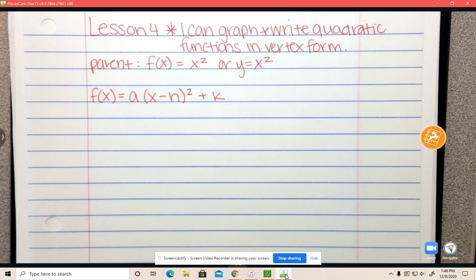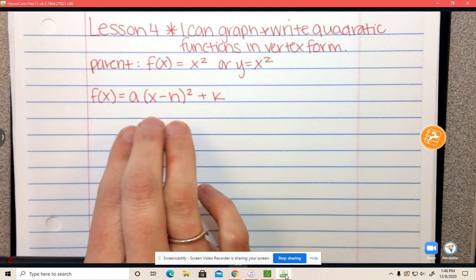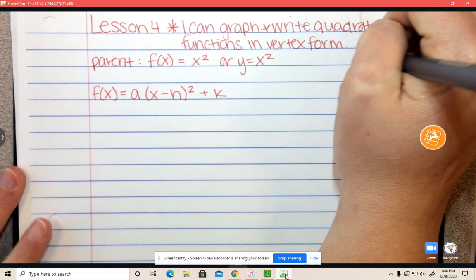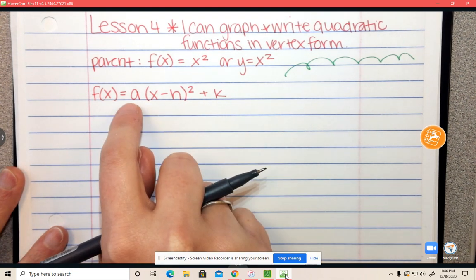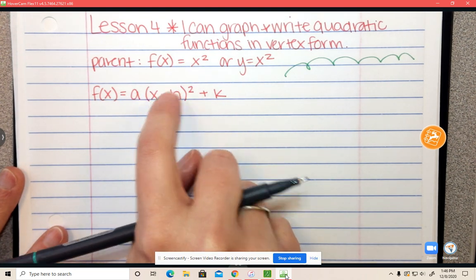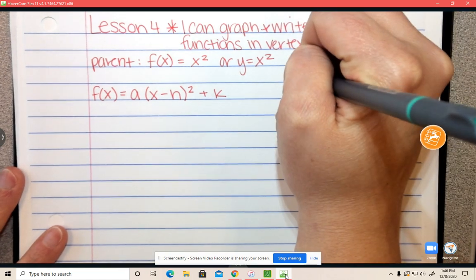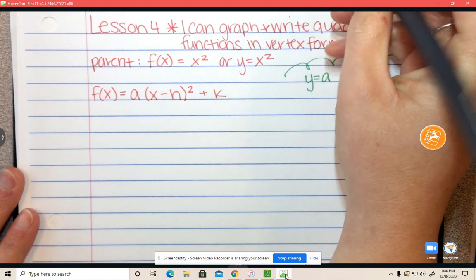And the reason we spent so much time talking about point-slope form is because it relates so closely to what we're looking at here, okay? And we're going to make a little side blurb over here that if you understand what's going on with this and what the a does, what the h does, what the k does, then you can apply that to any of the other functions. So here's a generalized example.